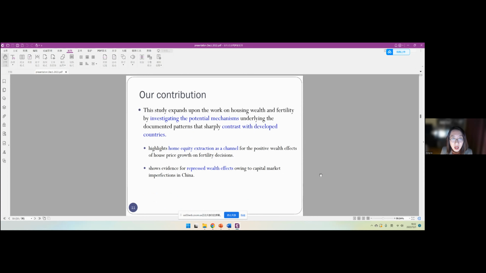Second, this study expands upon the work on housing wealth and fertility by investigating the potential mechanisms underlying the pattern that sharply contrasts with developed countries. We highlight home equity extraction as a channel for the positive wealth effects of house price growth on fertility. This paper shows some evidence for repressed wealth effects owing to capital market imperfections in China.